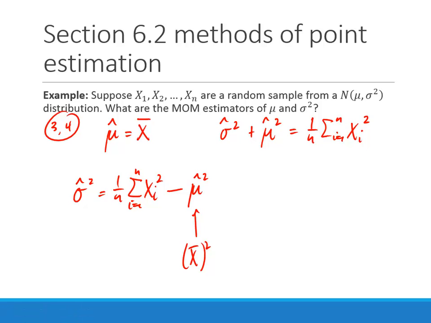Since I already know what mu hat is, I can just plug that into the second equation. And a little wonder of algebra here: in this case this is actually equal to the squared difference between the observations and their mean. If you want to work that out, that is in fact true.